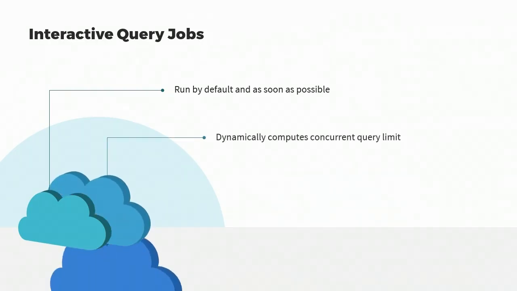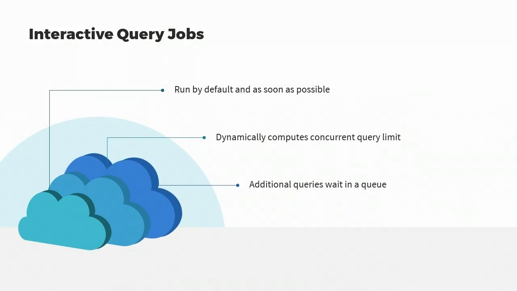So it's going to dynamically compute this limit, and then additional queries will wait in the queue if we've overcome the limit. So this is important. We have to make sure how many resources we are going to be running at the same time to run this query. The more queries I run in succession, it just holds in a queue until the first one is finished and the hardware resources unlock.